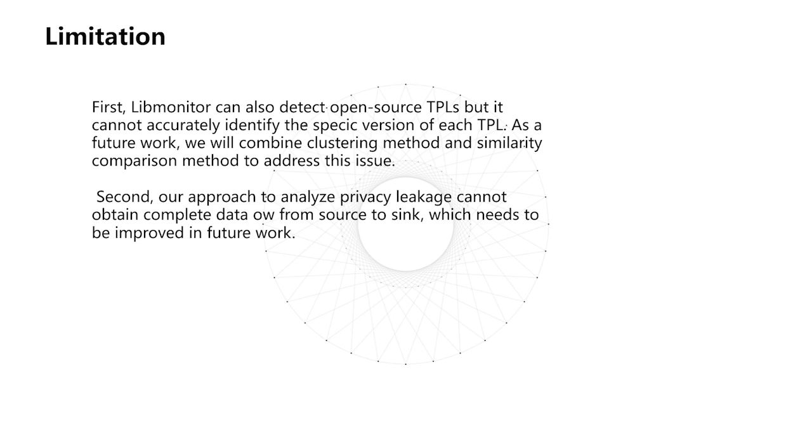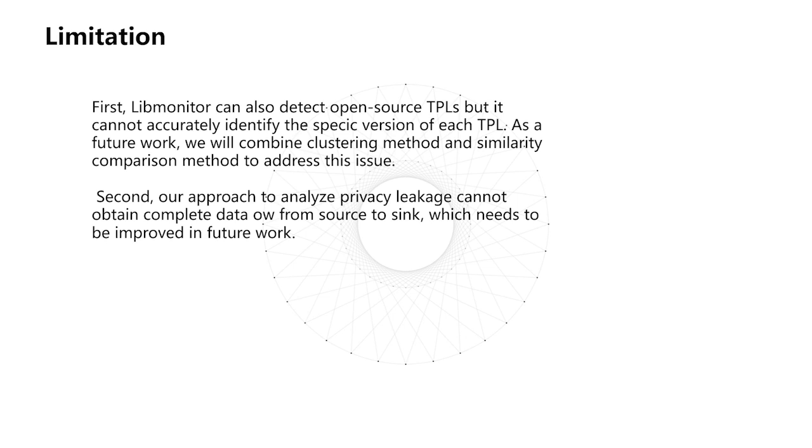And last, I want to talk about the limitation of LibMonitor. First, LibMonitor can also detect open source TPLs, but it can't accurately identify the specific version of each TPL. As a future work, we will combine clustering method and similarity comparison method to address this issue.